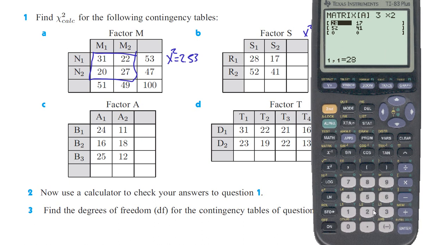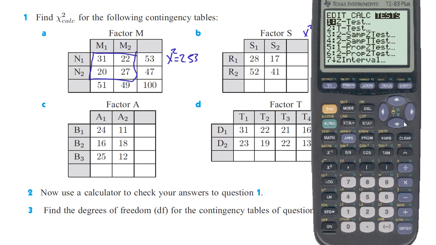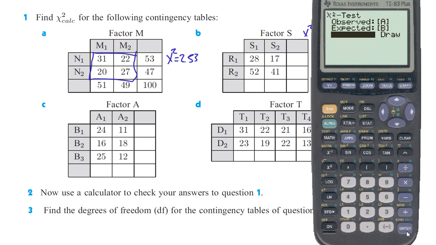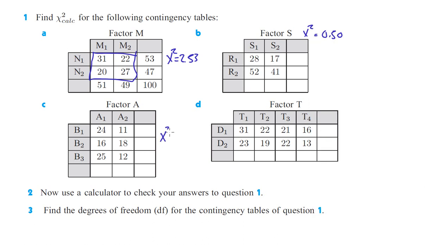And we'll put our data in here: 11, 16, and 18, and then 25 and 12. Okay, so stat, test, go down to chi-squared, which is right there. Enter, enter, enter. Calculate, and we got 4.30 for our chi-squared on that.